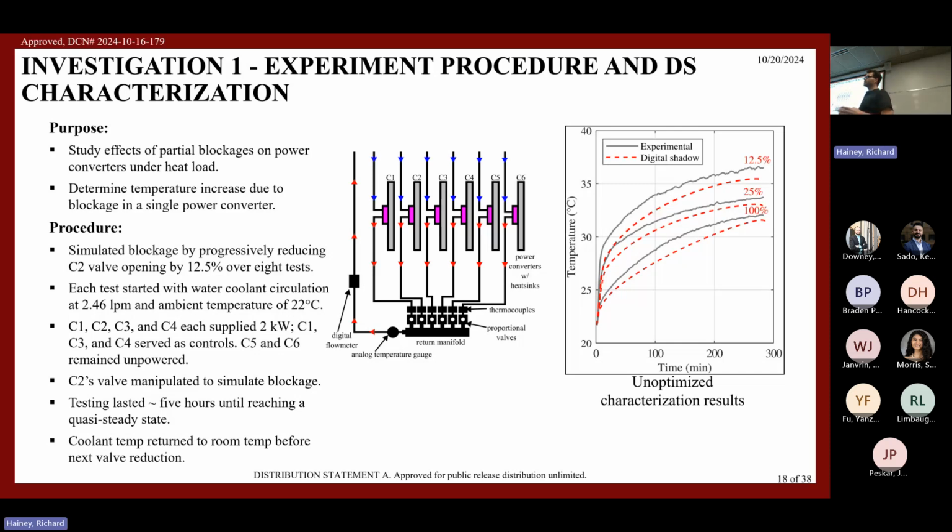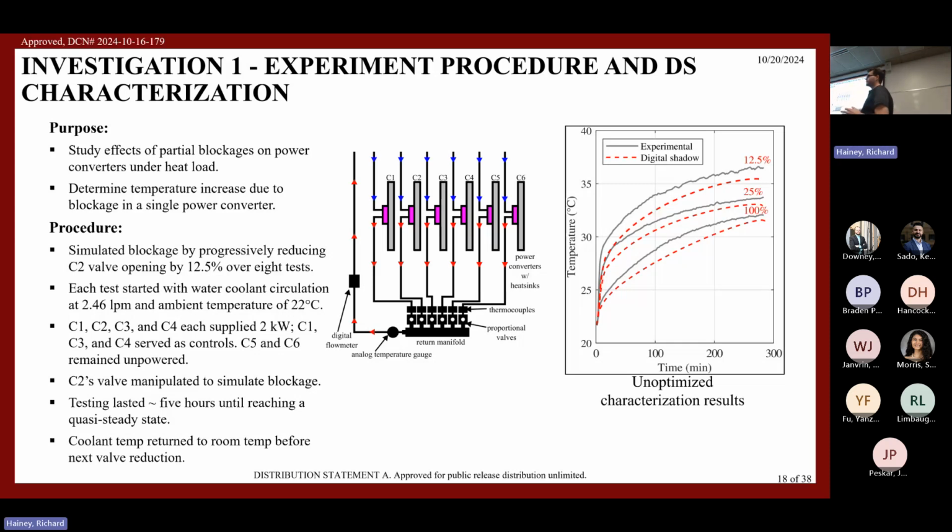Each one of these tests would start with the valve corresponding to the C2 converter fully open, and then we would run the system until it reaches steady state. You see results on 100% valve position. And then we would run another experiment decreasing that valve position by 12.5%, theoretically, since it's a needle valve, decreasing the flow to the power converters by, again, 12.5%.